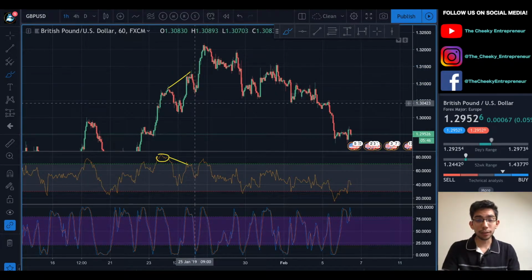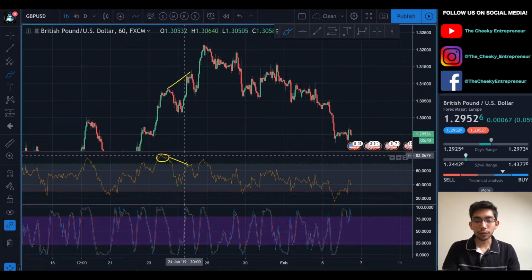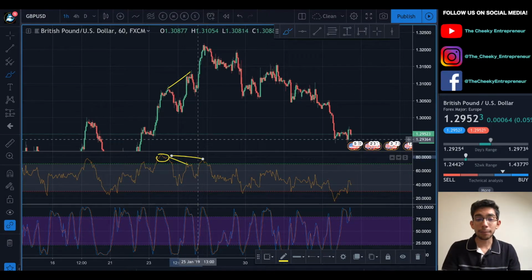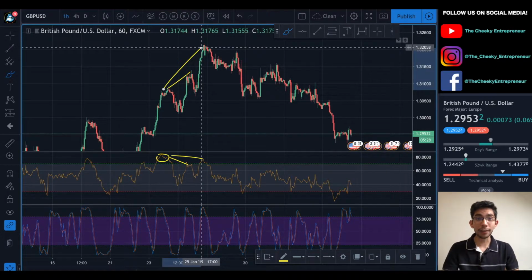But now if we continue looking at what the RSI is doing, the RSI goes up again, but in relation to this first high, we see that it's again a lower high, and the price action is an even higher high, so you will have an even more overbought position around here.